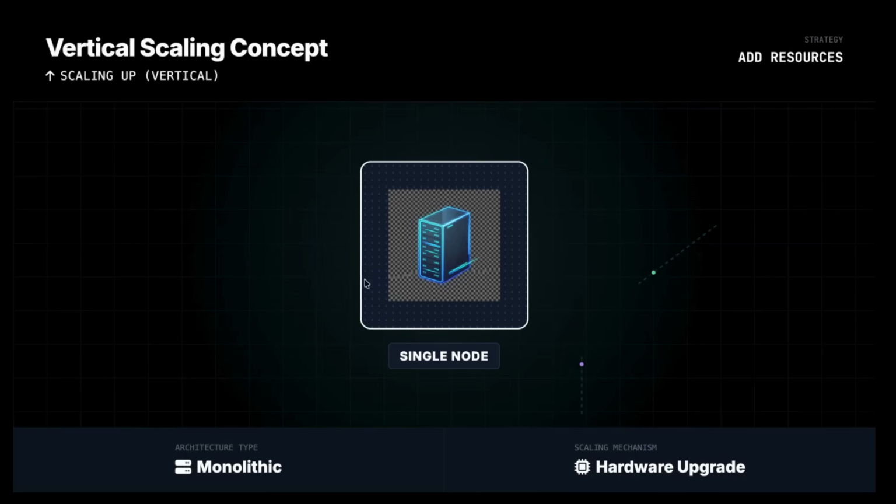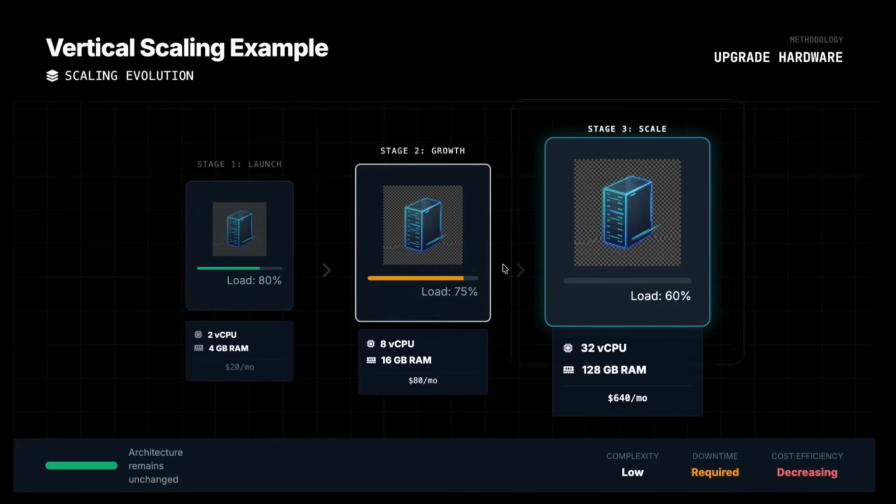Okay, so for example, you have a server with 4 CPU cores and 8 GB RAM, and when the server becomes overloaded, you increase your server configuration, changing your server from 4 CPU cores to 16 CPU cores, and your RAM you are also increasing to 64 GB.